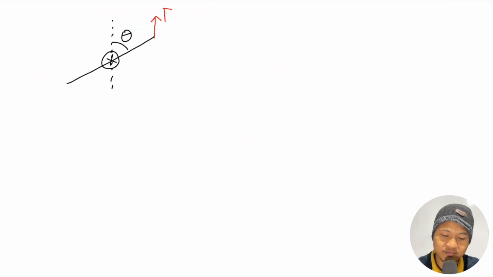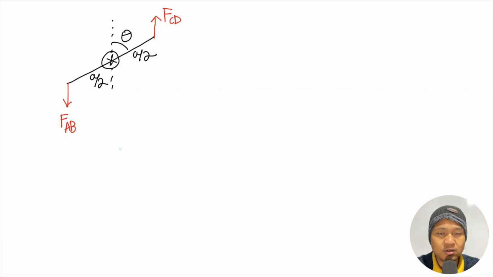So this is F_CD, and on the other side F_AB. Again a by 2 on each side. Torque is R into F perpendicular, that is R cross F, so R and F must be perpendicular. So I have to take the component of F here.